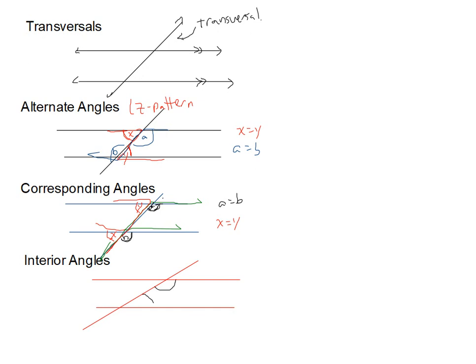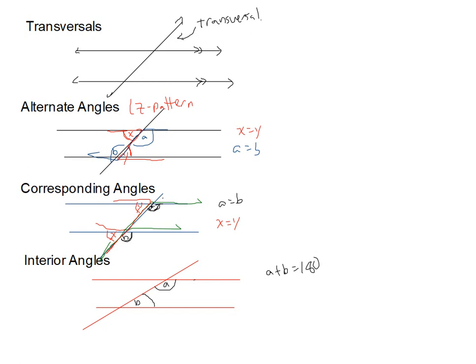Now this one's a little bit different. Those two angles obviously aren't the same. The one at the bottom is acute, the one at the top is obtuse. Let's call this A and let's call this B. It turns out that for interior angles, A plus B has to equal 180 degrees. So the interior angles have to add up to 180.